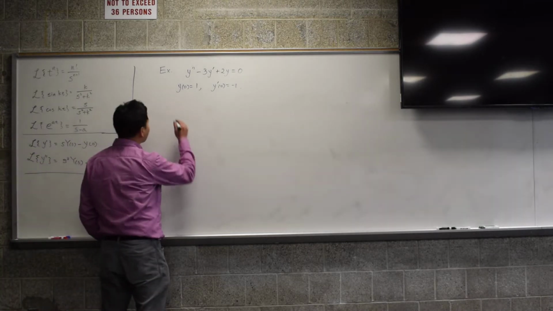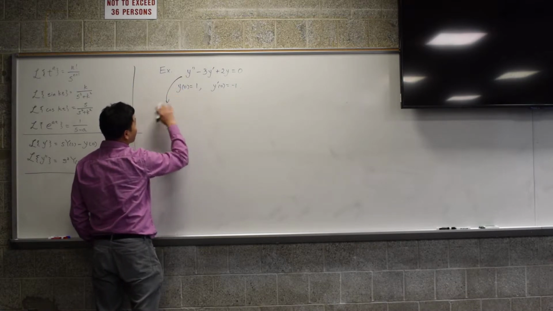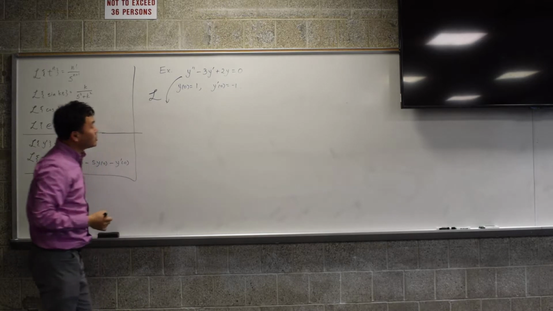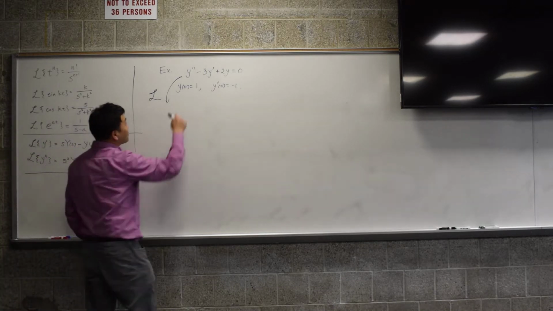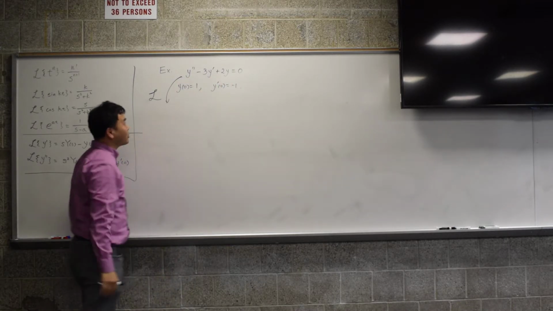So let's apply the Laplace transform to each term. If I take this and apply the Laplace transformation, then because Laplace transform is linear, you end up transforming this, this, this. The constants can be pulled out.